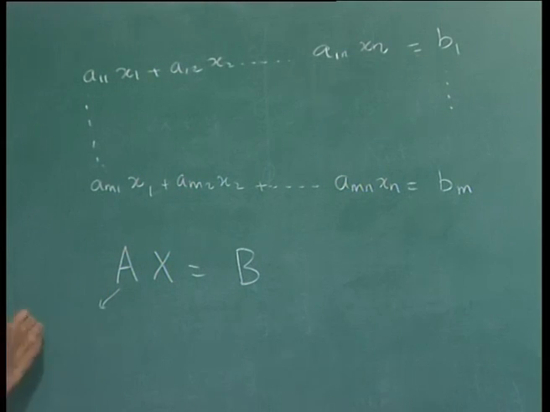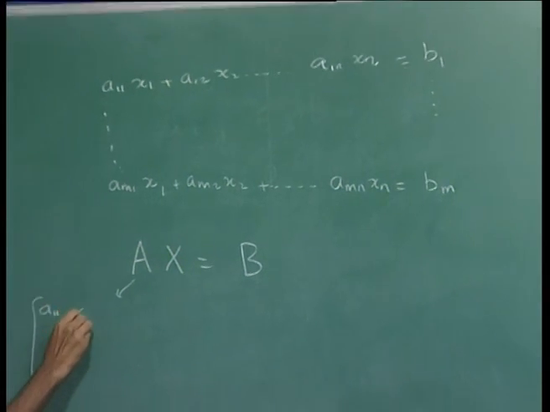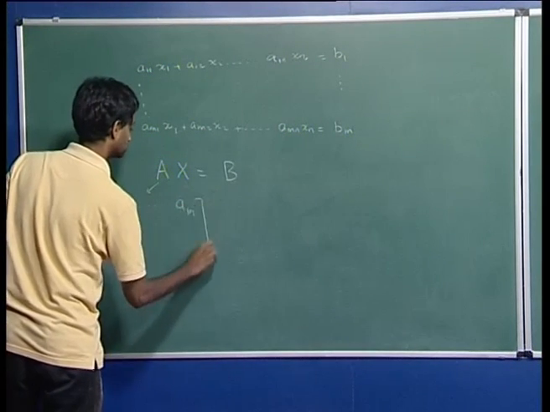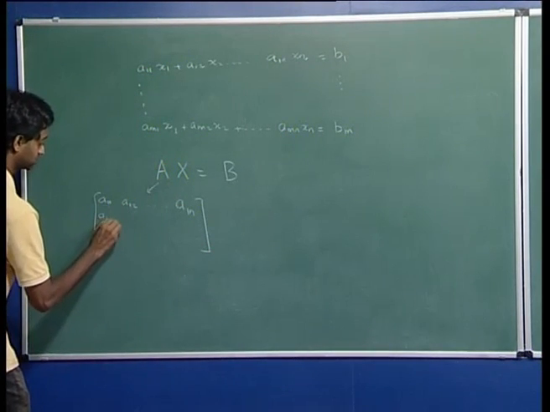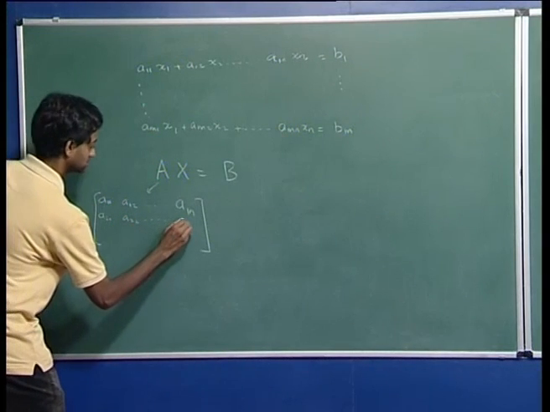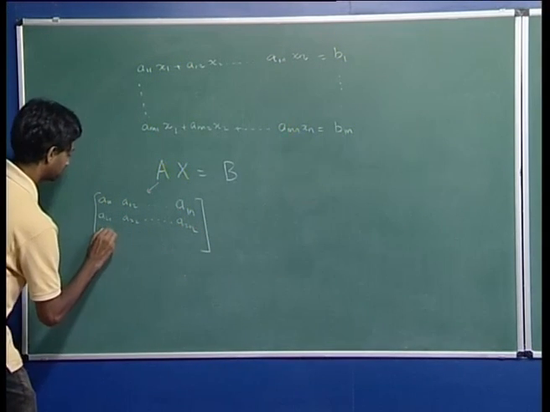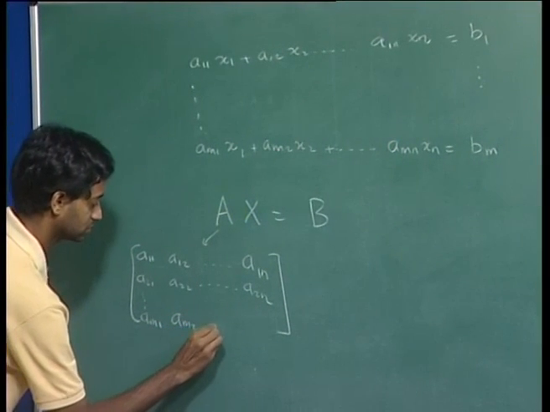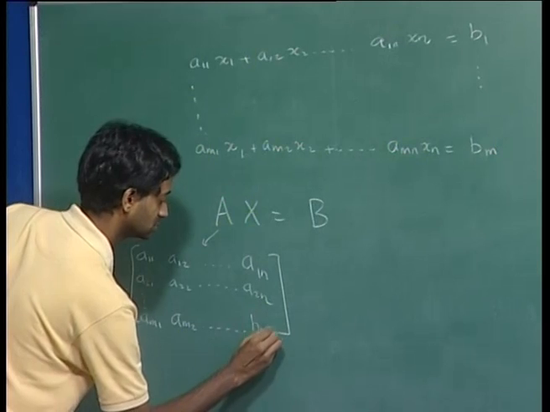So, A is a11, a12, up to a1n, then a21, all the way up to am1, am2, up to amn.